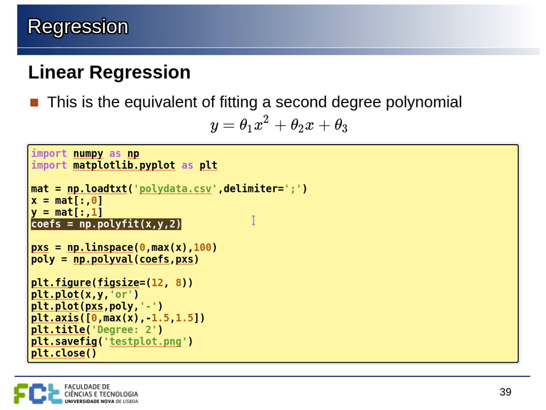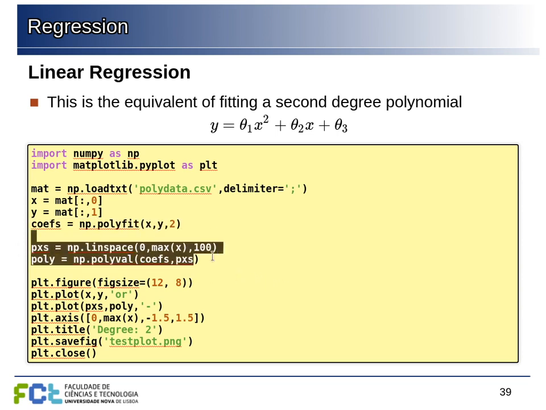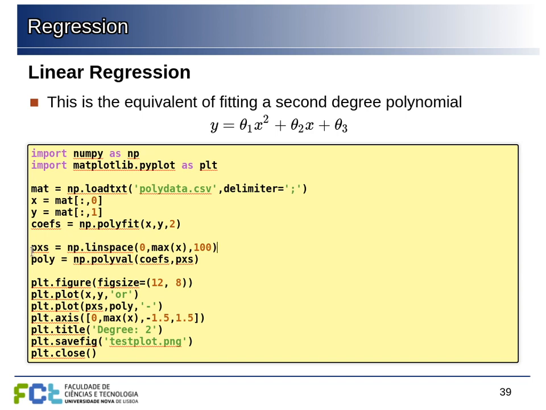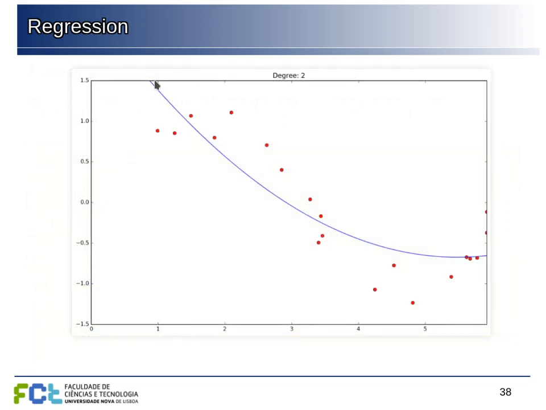And now we can compute the coefficients using the polyfit function from NumPy and plot by first creating a set of 100 points uniformly distributed from 0 to the max value of x, so that we can draw this line smoothly when we compute the predictions for all of these x values.